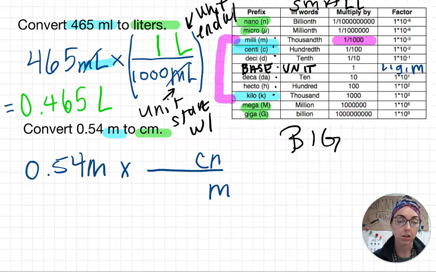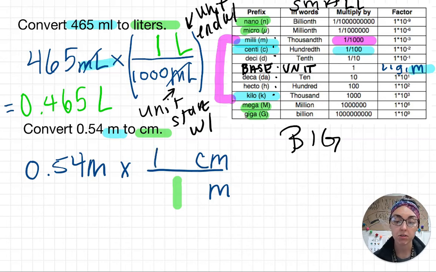So now I'm going to look at my chart, and I see a centimeter is 1/100th of a base unit. Meter is a base unit. A centimeter is 1/100th of that, which means for every 1 meter, there are 100 centimeters.